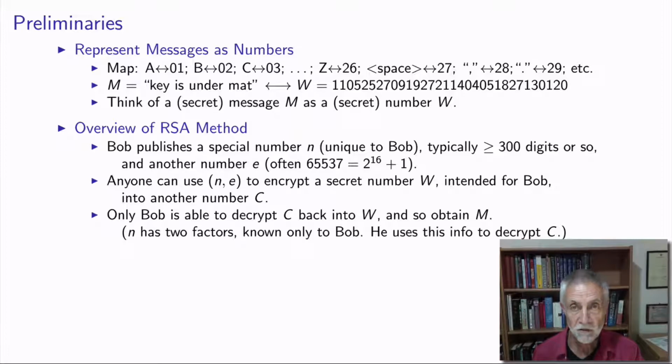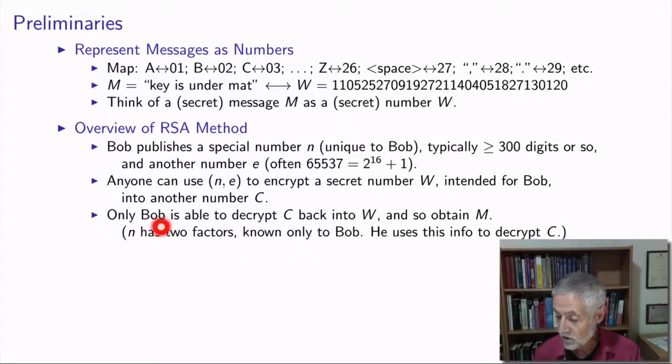Now anyone can use N and E to encrypt a secret number W, which is intended for Bob, into another number C, and that number C is going to be made publicly available.